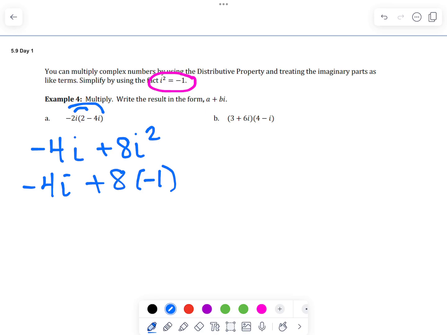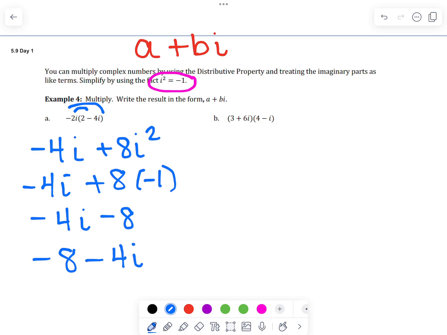And then we simplify. 8 times negative 1 is negative 8. And then we do need it to be in our standard form of a plus bi. So we will need to change the order, so I have my real piece first, then my imaginary piece.